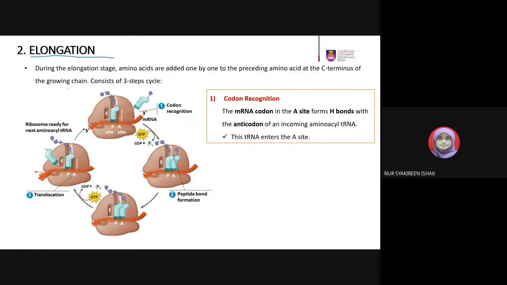During the elongation stage, amino acids are added one by one to the preceding amino acid at the C terminus of the growing chain, consisting of 3 cycles. Do you still remember? There is an N terminus and a C terminus of this amino acid molecule. You remember chapter 1?